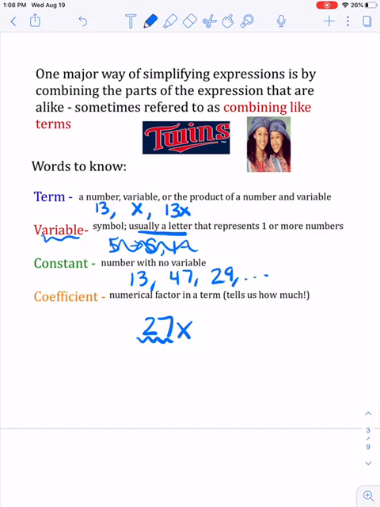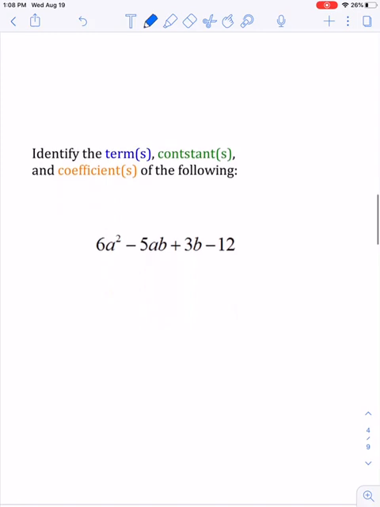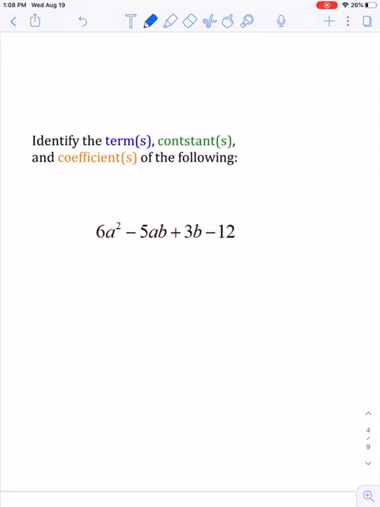So if we just go ahead and go through some examples here, just identifying these key terms. First one is term itself. So if I want to list the terms in my example, remember it's a number, a variable, or a product of a number and variable. Well, here's one term, 6a squared.